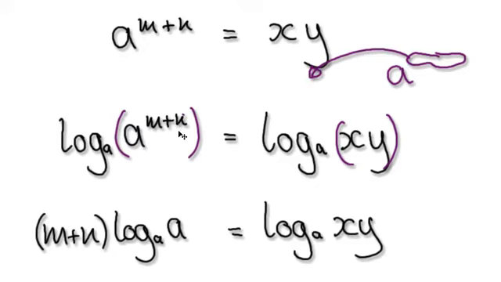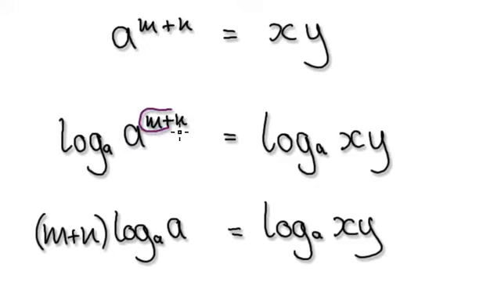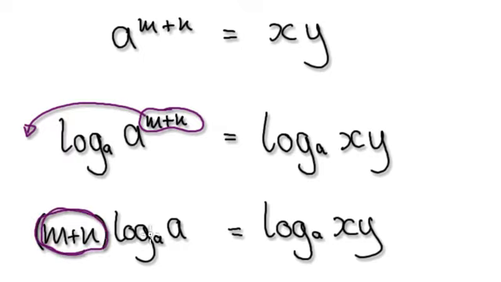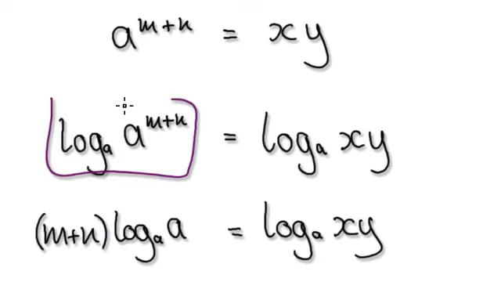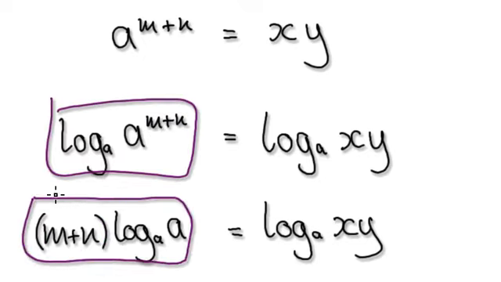So at the moment you've got a to the power of this bubble here. So when you log it, this moves out here. So that bubble there is in effect this bubble here, and then log base a of a. So from here you would then get to here.